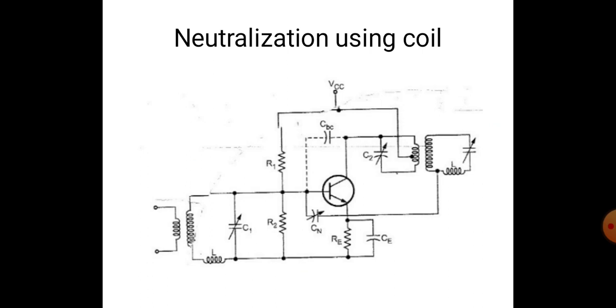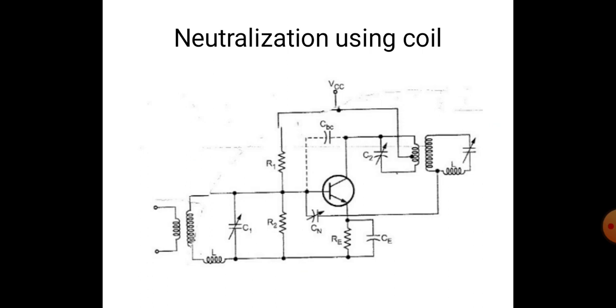Now, let us see neutralization using coil. It is a modified version of the Hazeltine and Neutrodyne technique. Here, the interjunction capacitance effect CBC is nullified with the help of the neutralization capacitance, and it also provides stability to the other stage tuned amplifier, since this neutralization capacitance is connected to the secondary winding.